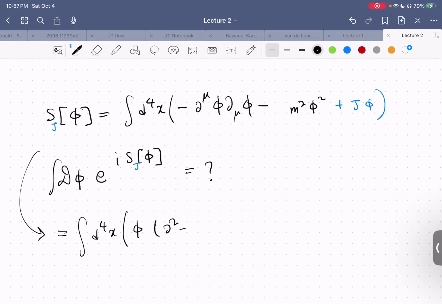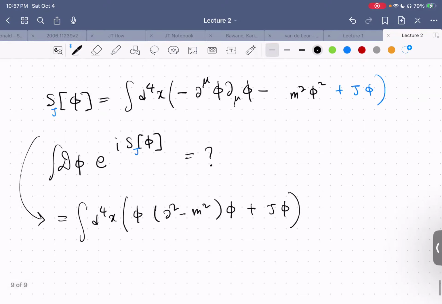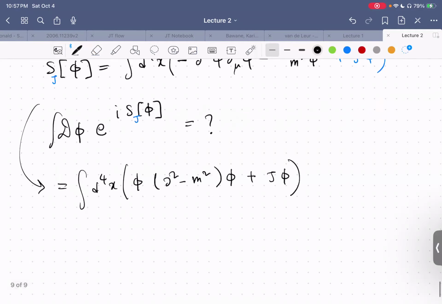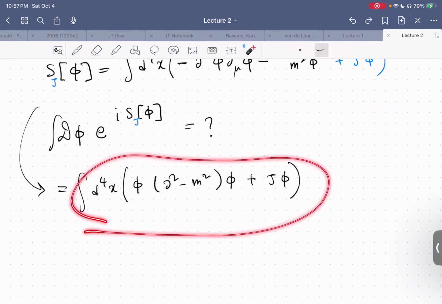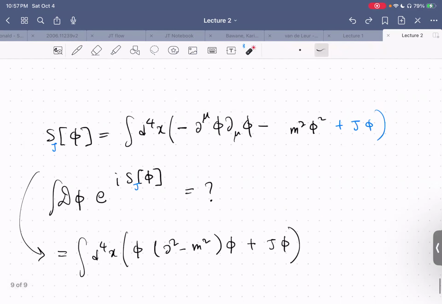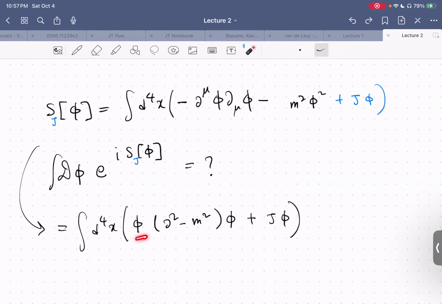Let's not keep the half. Okay, I haven't done anything other than just an integration by parts. But then we can rearrange our action like this. All right. So the nice thing about this action is that it is quadratic in phi. And then inside we have some operator that acts on phi.